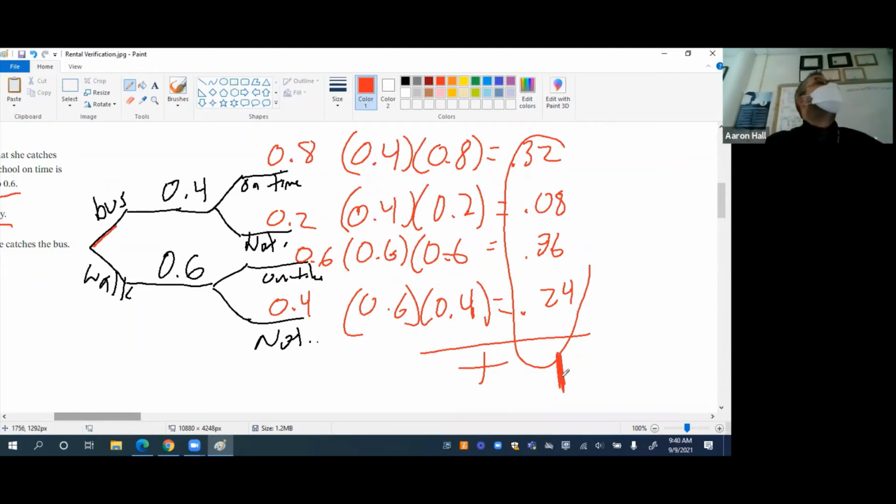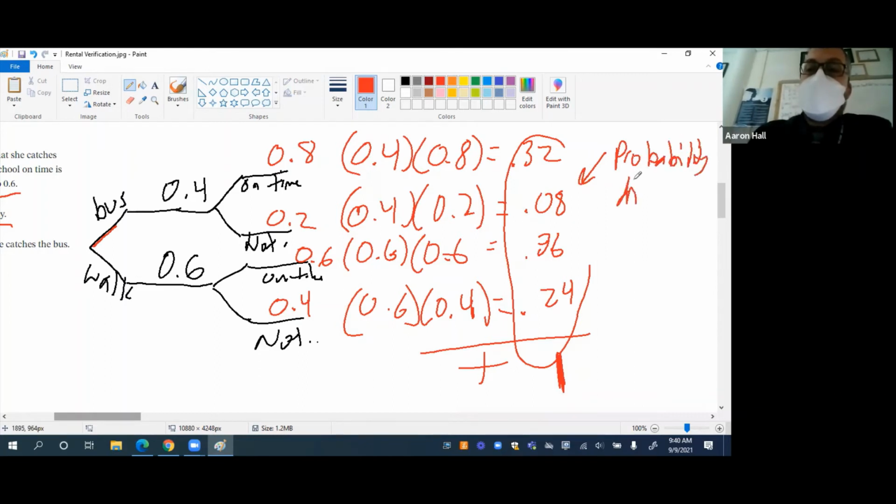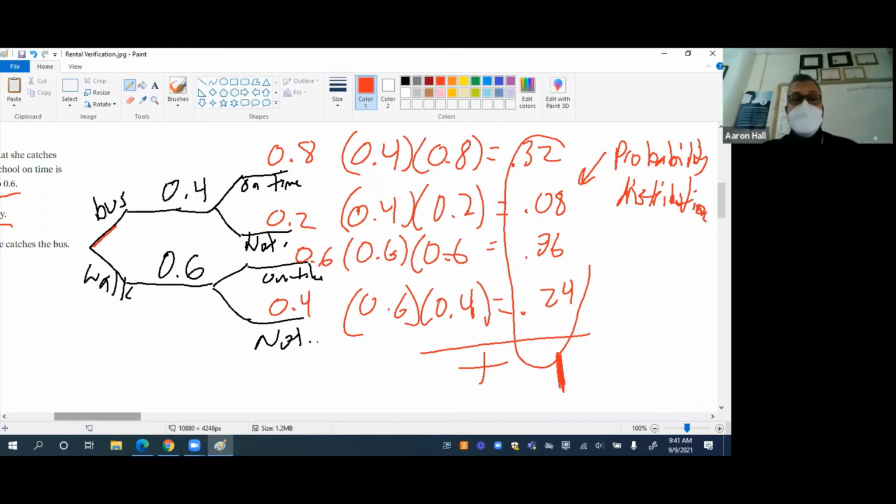Because either I take the bus or I walk, and I'm either on time or I'm not on time. This is called the probability distribution.